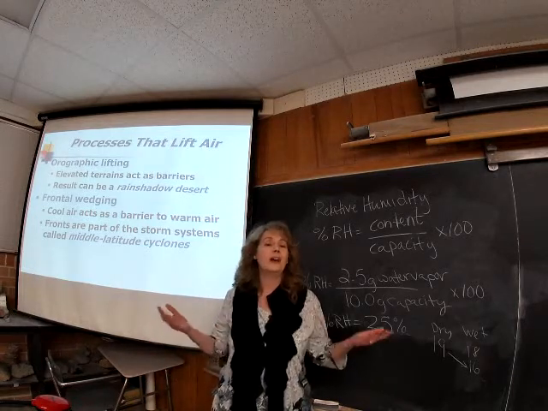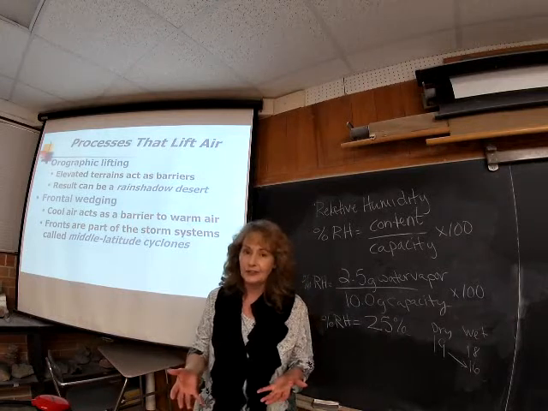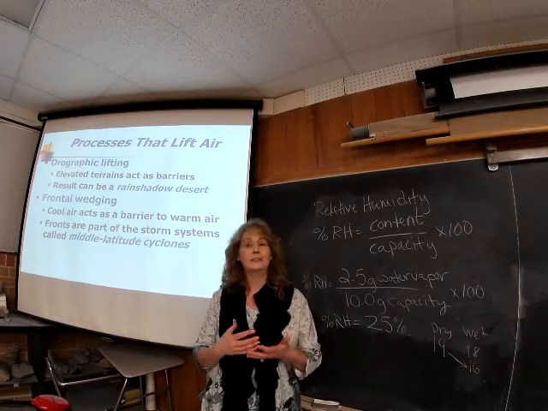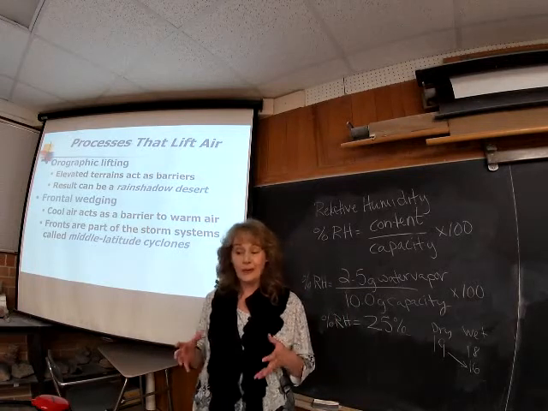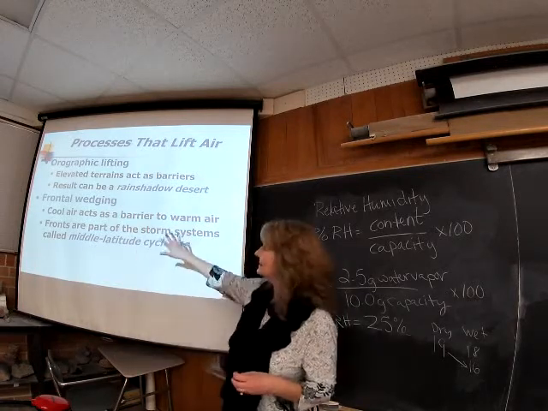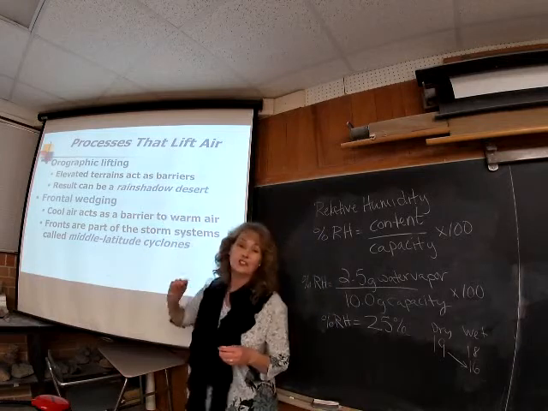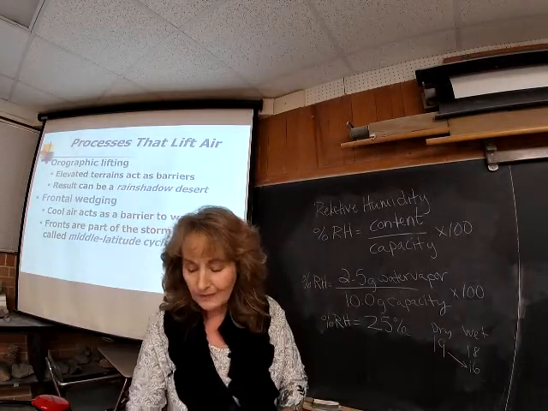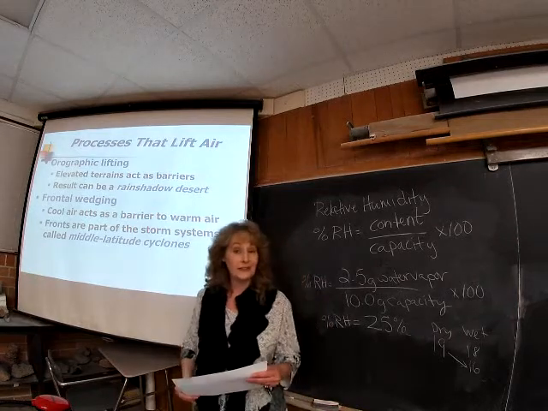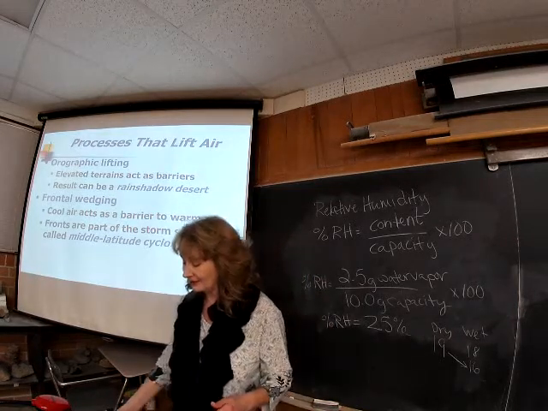And so that's going to dry up any clouds that you might have. It's going to lower your relative humidity, dry up your clouds, and we can get some expanses of areas that are called rain shadow deserts. I think we've mentioned these before when we talked about some of our deserts, the rain shadow deserts.